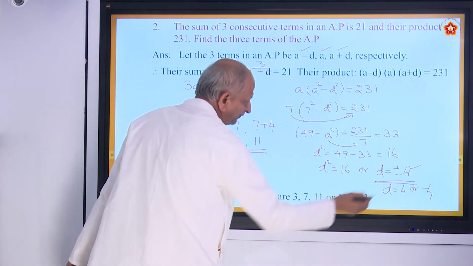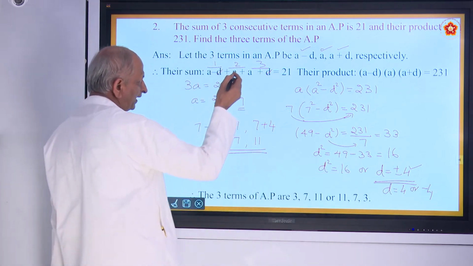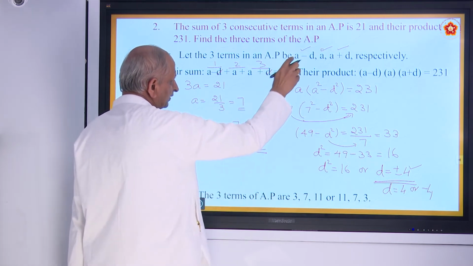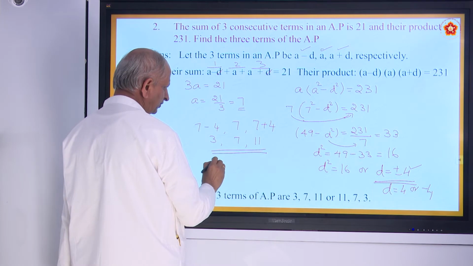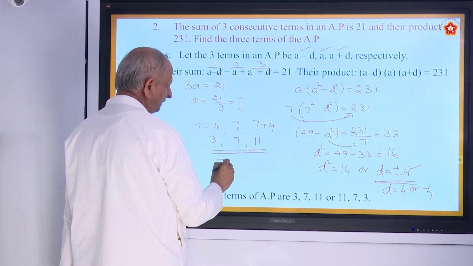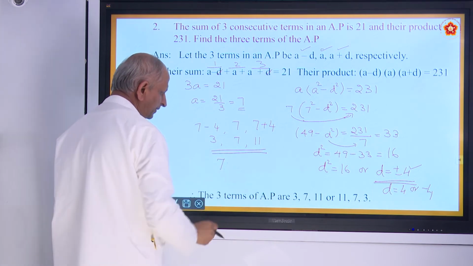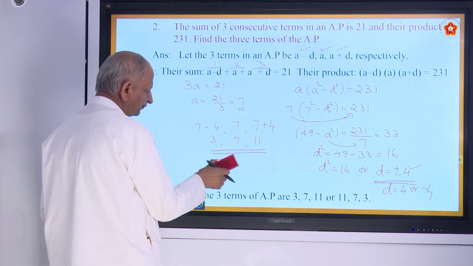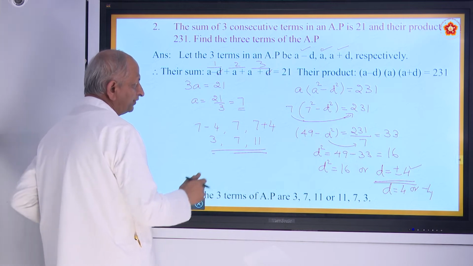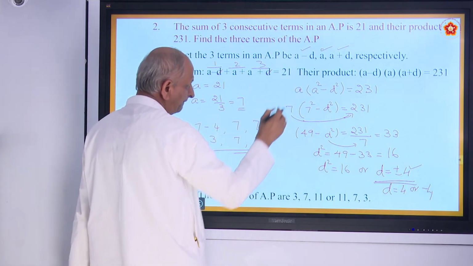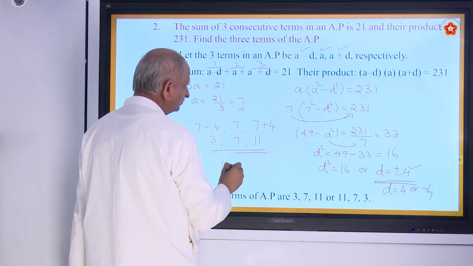on minus 4 if you take, so minus 4, minus of minus become plus. So 7 plus 4 becomes how much? 11. So first one becomes 11 you have.